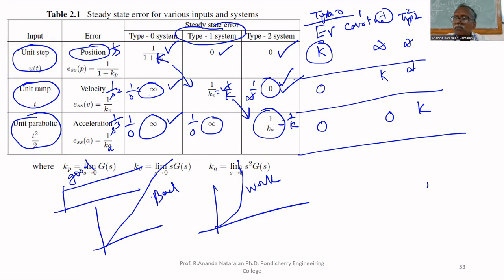For that it gives steady state error, not infinity. So a type 2 system manages parabolic input.